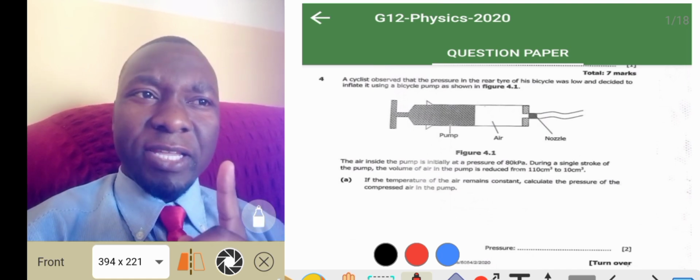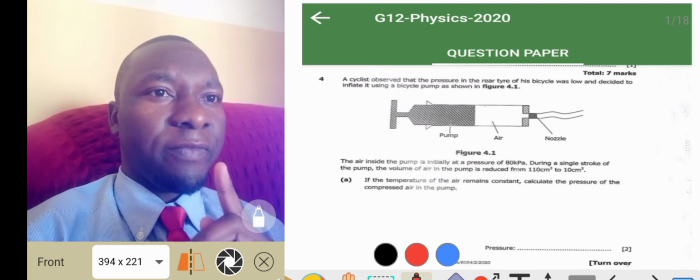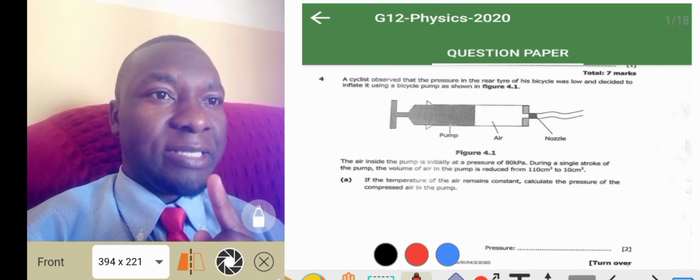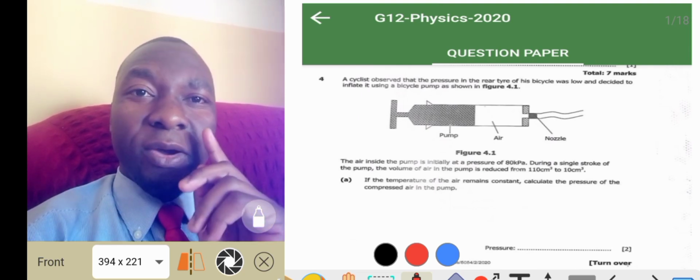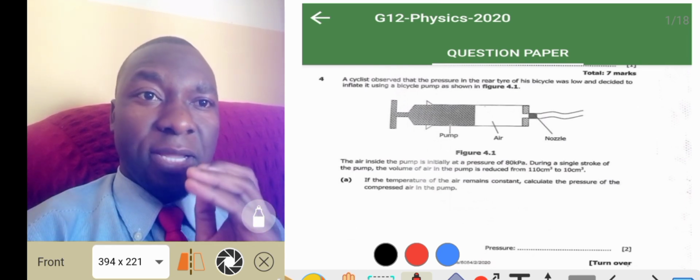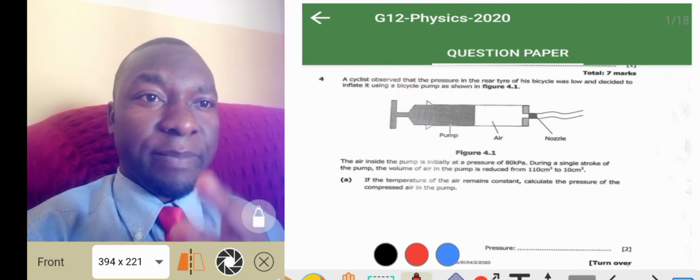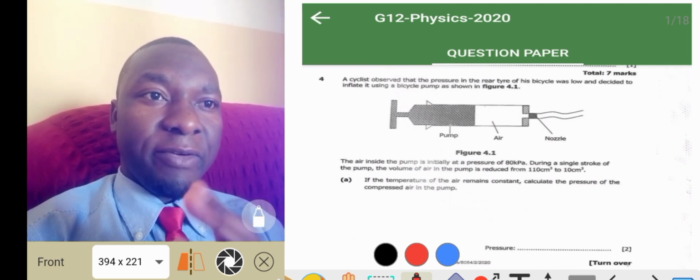During a single stroke of the pump, the volume of air in the pump is reduced from 110 centimeter cubic to 10 centimeter cubic. A. If the temperature of the air remains constant.